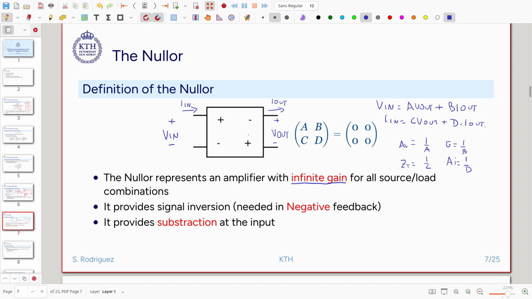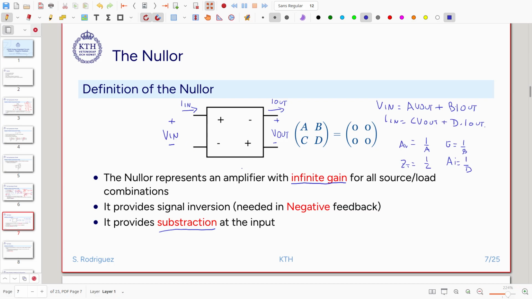So I can take a negative output if I want. So I have available a negative output. And the third one, it provides subtraction at the input. Okay, so this plus minus means that it has a differential input. It means that there is subtraction at the input.